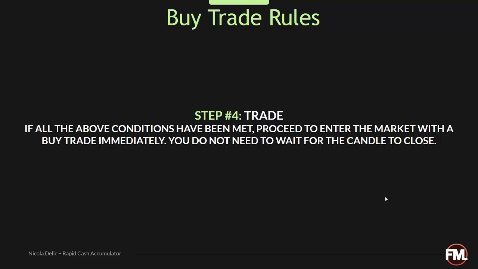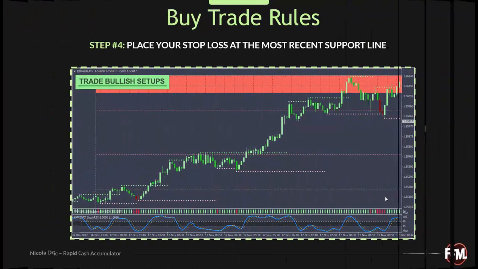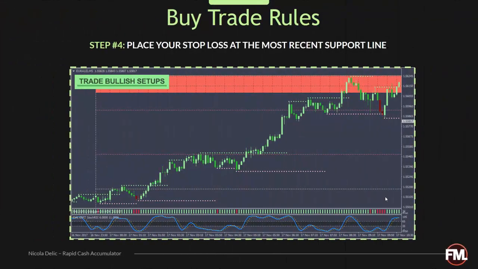Step 4, trade. If all the above conditions have been met, proceed to enter the market with the buy trade immediately. You don't need to wait for the candle to close. So as soon as you spot that breaking point and you confirm, you can enter a trade. Place your stop at the most recent support line.